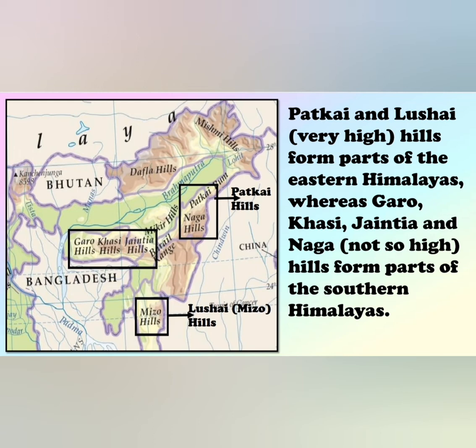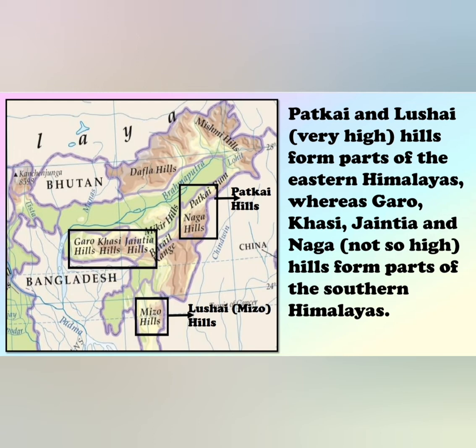I hope these mountains and hills are clear to you. Make sure, children, you mark them properly in the map. Children, the Mizo Hills are also known as the Lushai Hills. So, Mizo and Lushai Hills are the same.